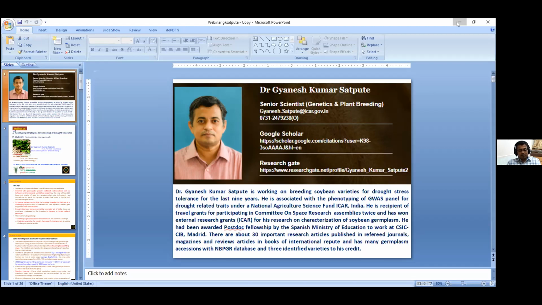In some places it has been said that less greenness is more important. So depending on the genotype and the type of plant canopy, SPAD chlorophyll needs to be standardized. But in general, for Indian conditions, greenness through SPAD is an important trait that can be used for breeding for drought tolerance.